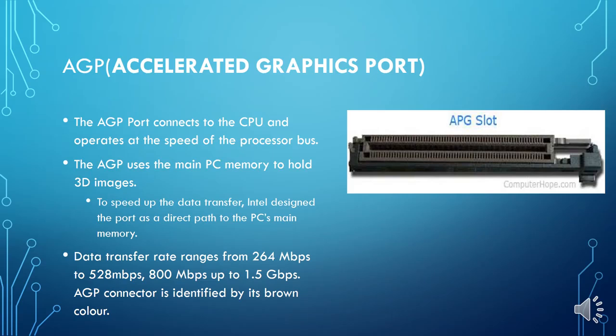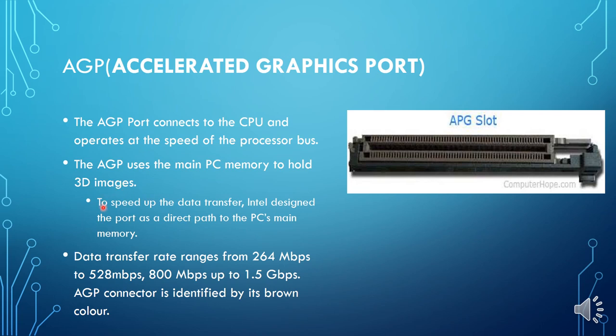Next is AGP, the full form is Accelerated Graphics Port. The AGP port connects to the CPU and operates at the speed of the processor bus. Means whatever the speed of the processor bus, the same speed will be of the AGP port. The AGP uses the main PC memory to hold 3D images.